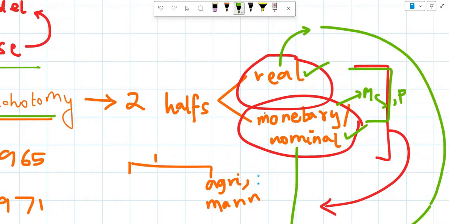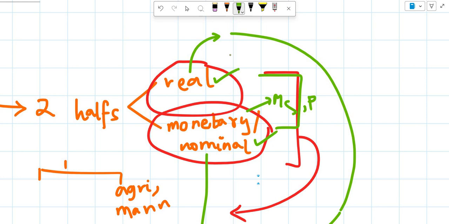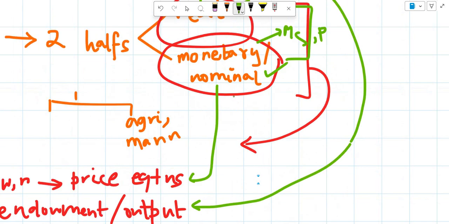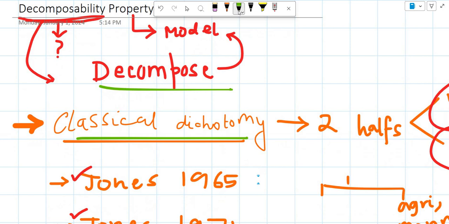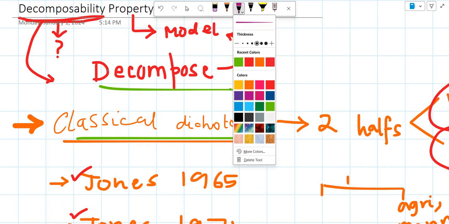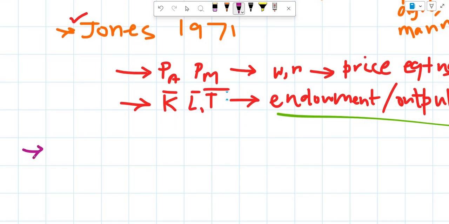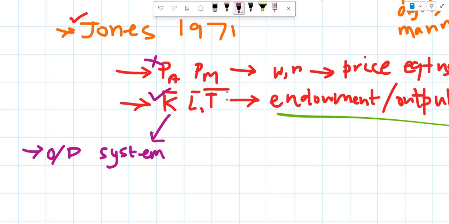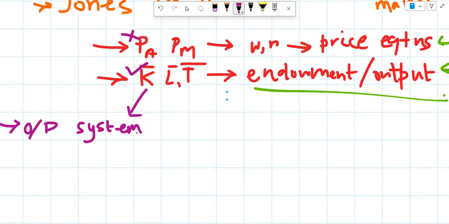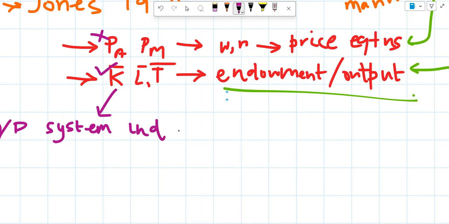Just like in the classical dichotomy, where the monetary nominal side is independent of the real side, the decomposability property states that the output system, these output systems, are independent of the price systems.